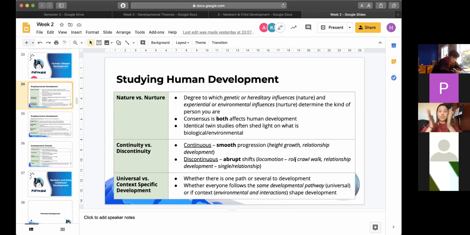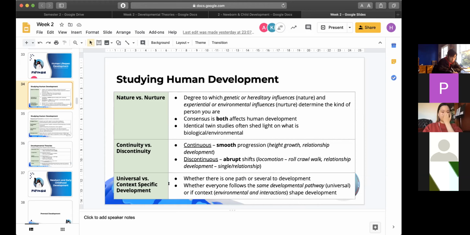You can also categorize relationship development as discontinuous: you go from being single to being in a relationship. So some things can be both continuous and discontinuous, depending on how you view them. Not all of these are one or the other.